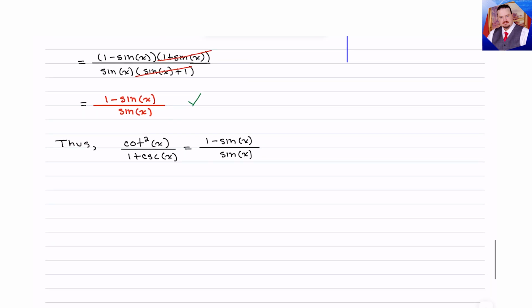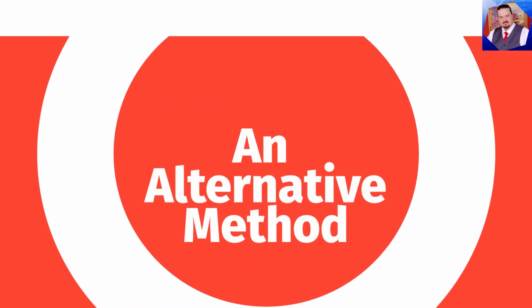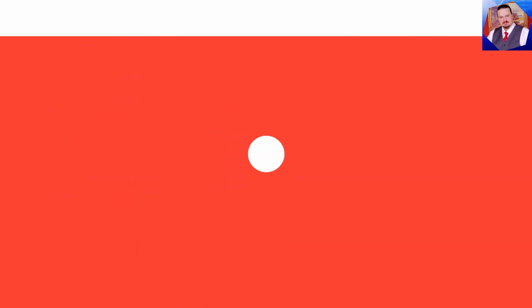In fact, let me work this again with an alternate method. One thing I want to underscore is that there's not just one method you can use on these problems. Most of the time, there's not just one way to do it.